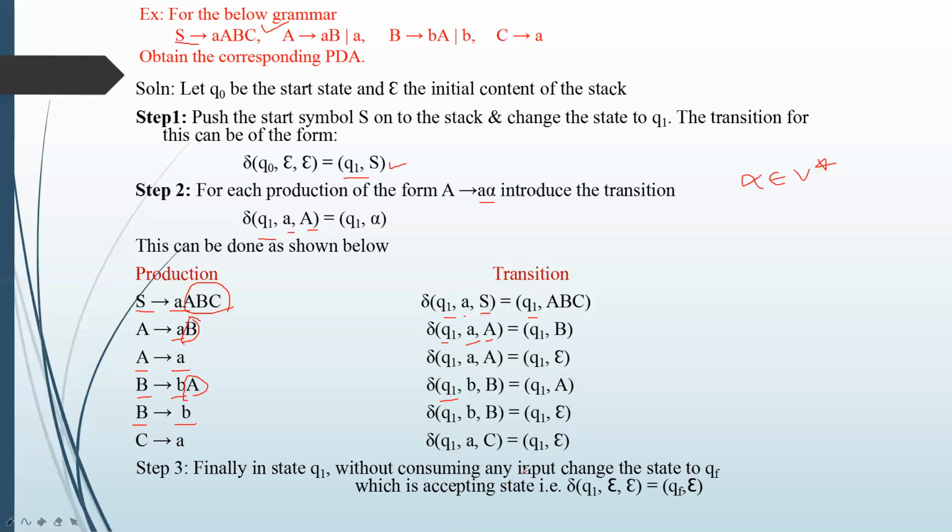Step 3, finally in state Q1, without consuming any input, change the state to QF, because everything is done, which is the accepting state. Then δ(Q1, epsilon, epsilon) = (QF, epsilon). That is accepted. So the PDA, write all the transitions and the tuples: Q, Sigma, Tau, Delta, Q0, F. Q0, Q1, QF are the states.